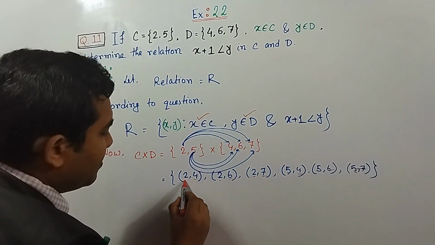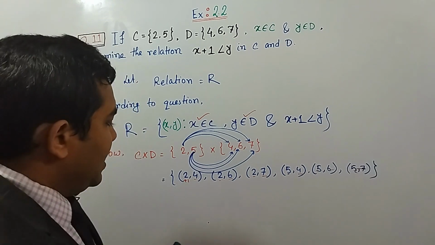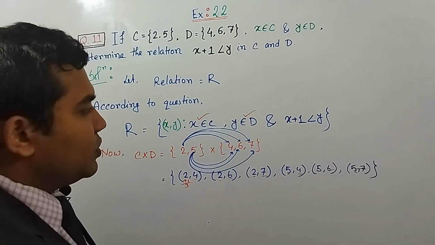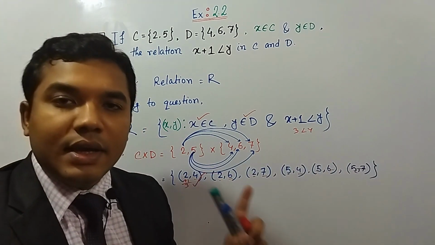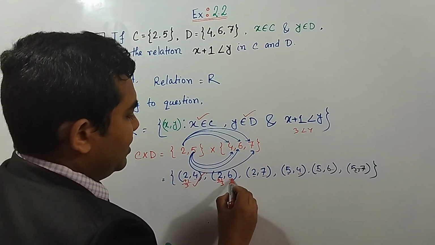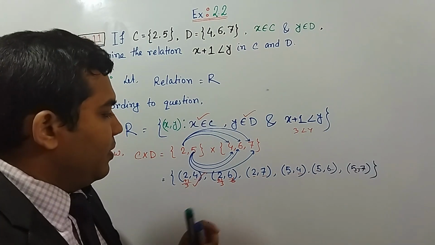If we add 2 + 1, we get 3, and 3 is less than 4. So this relation is countable. Here 2 + 1 = 3 and y is 6, so it is also countable.